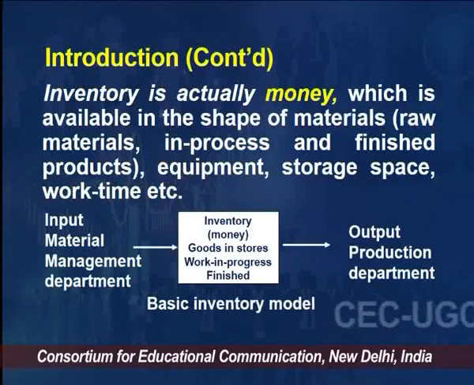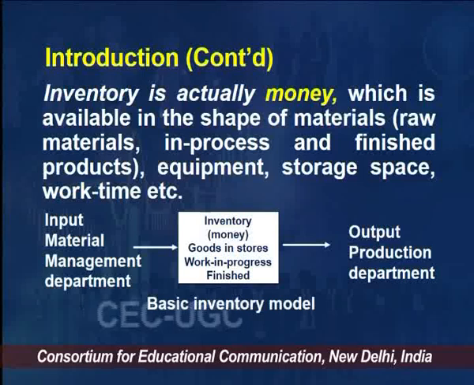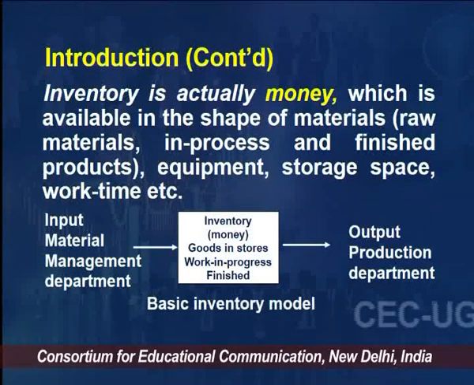Inputs could be in the form of various kinds of materials, and then you do some processing, and then you produce the output. So materials are required at every stage. Therefore, you have to treat inventories, that is your materials and stocks, as money.